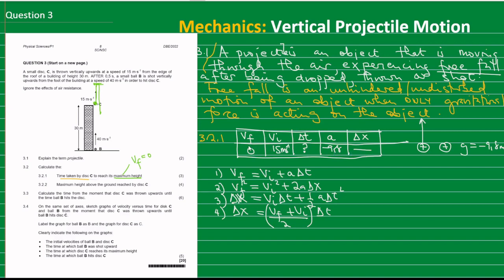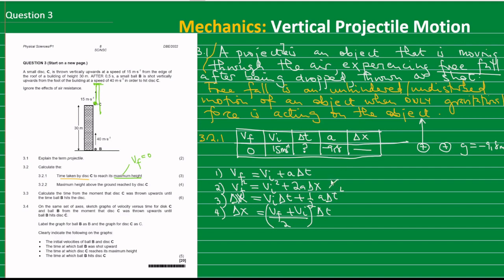So here you will find that our choice of the equations of motion depends on what information we are given. As we have analyzed our information here, we don't have a delta x. We are not given delta x, in other words, the displacement from the initial position, the point it was thrown, up to the maximum. We don't know how high it went up. So we are going to exclude all the equations that include displacement.